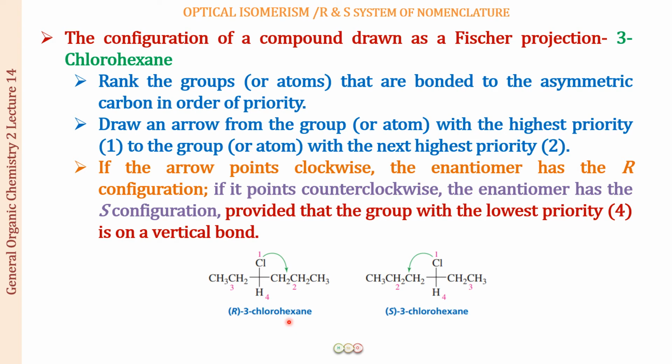In this 3-chlorohexane, you can see that this is the Fischer projection. The cross section of these two lines is going to be the chirality center, which is surrounded by 4 different groups, and we have done the priority order for them. Chlorine is priority number 1, the propyl group is priority number 2, then the ethyl group, and then the hydrogen.